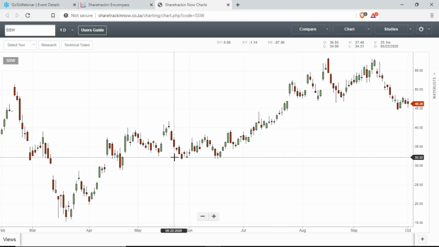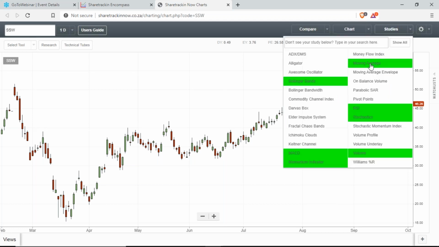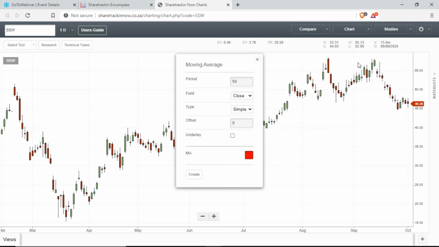So if we want to insert the moving average, first of all, I'm going to go to Studies, Moving Average. The period here, I'm going to change to 200 for the simple reason, if you go and look, your strongest and weakest stocks is based on a 200-day moving average.